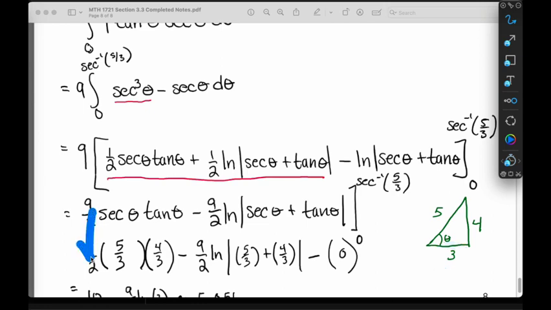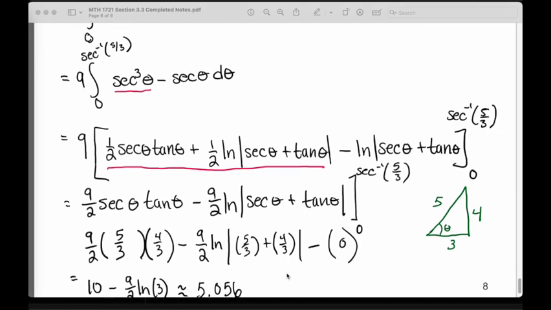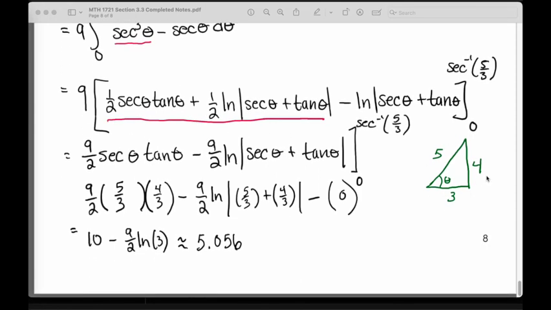So this 9/2 comes down here, this is 5/3, this is 4/3. Bring down the minus, bring down the 9/2 that I got from taking 9 times 1/2 here. Bring down the natural log, and then I do the same thing here. Secant is 5/3, tangent is 4/3. And so all of that information I got from creating this triangle.